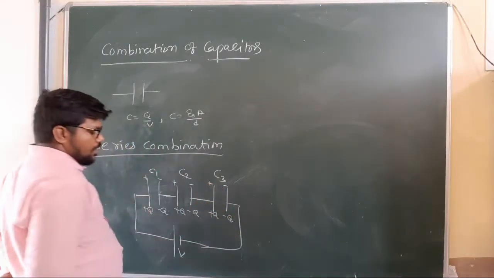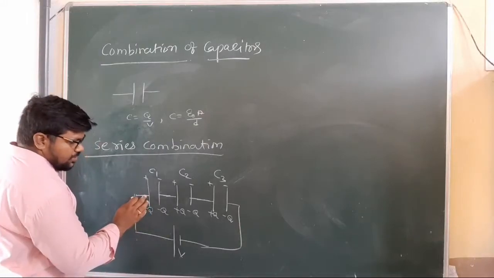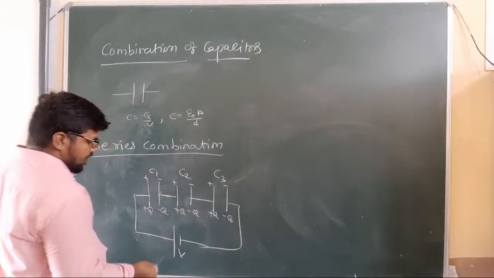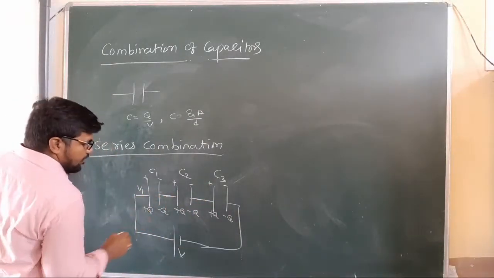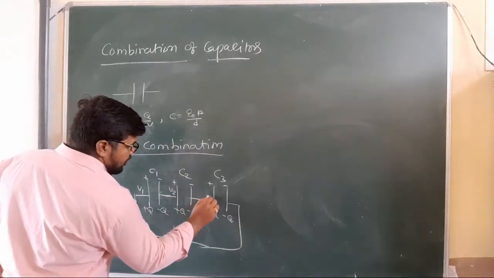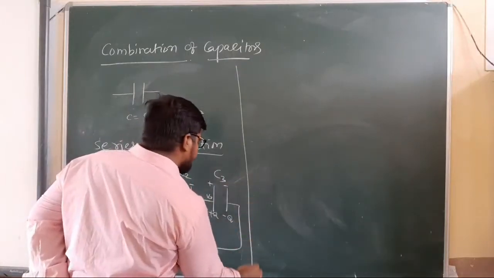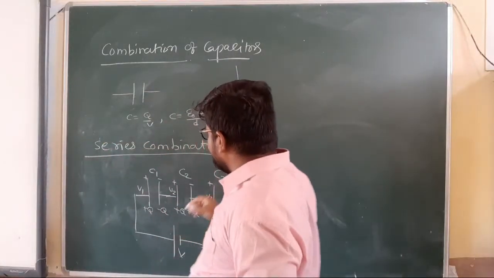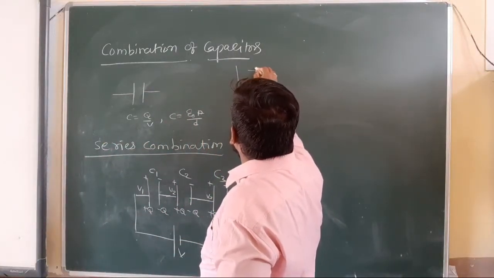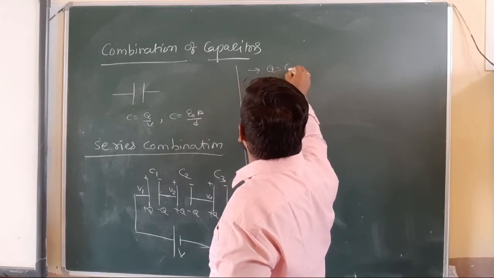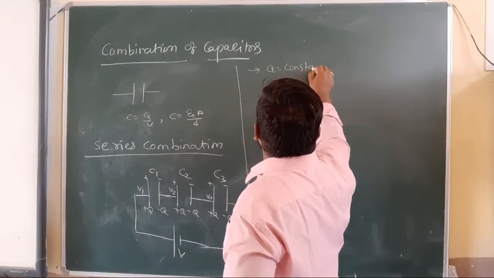The potential difference across each capacitor is different: here V1, here V2, here V3. Throughout the circuit, the charge is the same, Q is equal to constant.